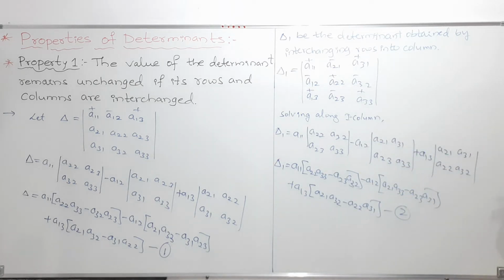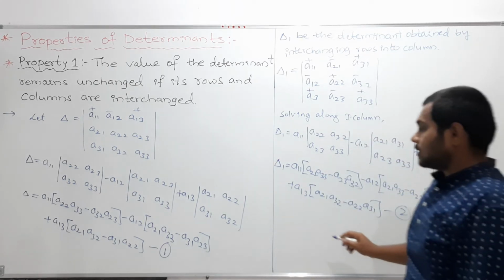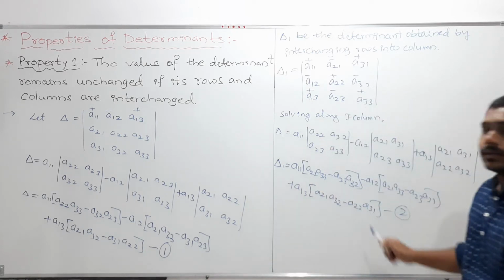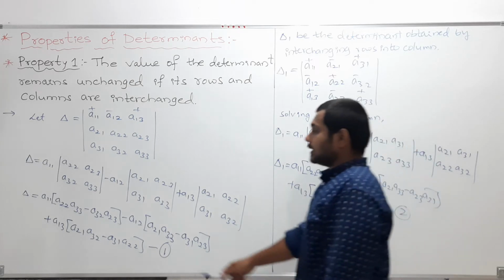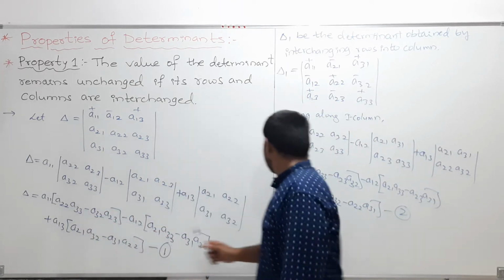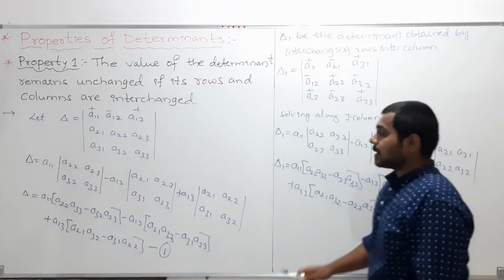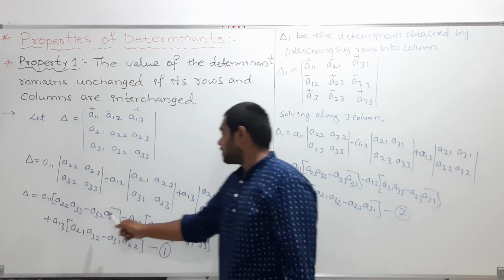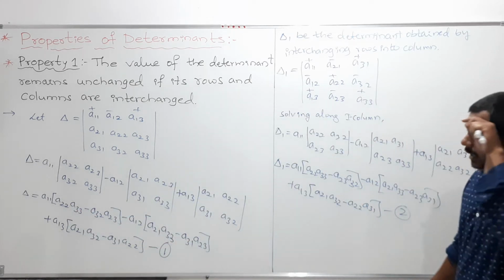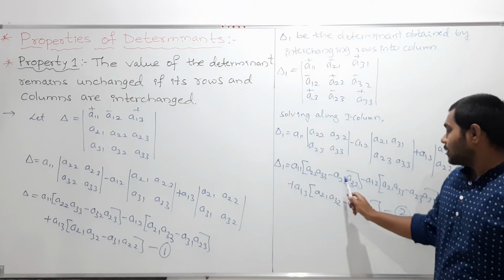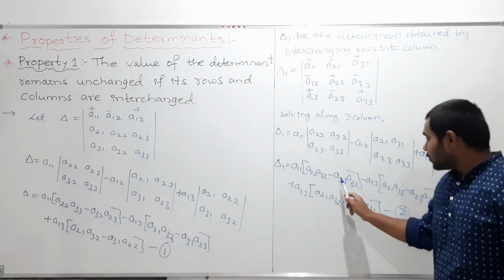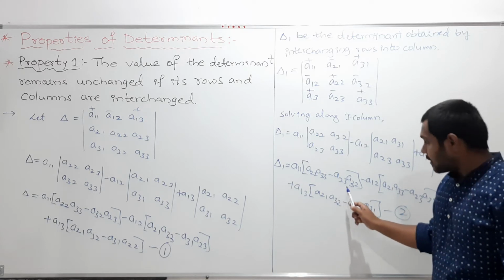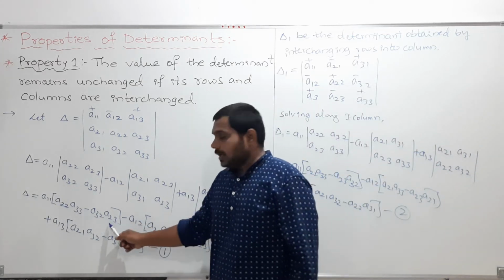Now I will check whether these two, 1 and 2, are equal or not. Here it is A11, A22, A33 minus A11 into A32 into A23. Both are multiplications of A32 and A23, so it is equal.